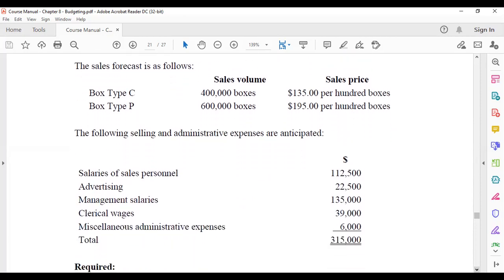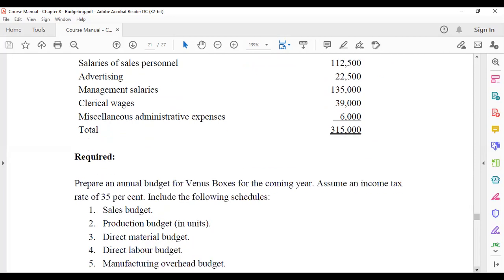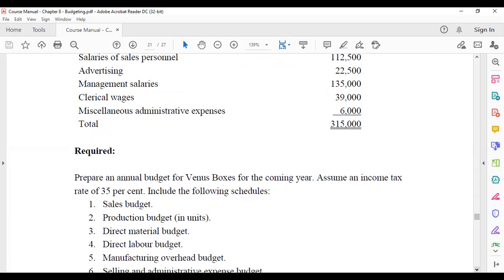Then you are provided with the following selling and administration expenses anticipated: the salaries of the sales personnel, advertising, management salaries, the clerical wages, the miscellaneous administrative expenses, and finally the total expense. All right. Then you've been asked to prepare an annual budget for Venus Boxes for the coming year.